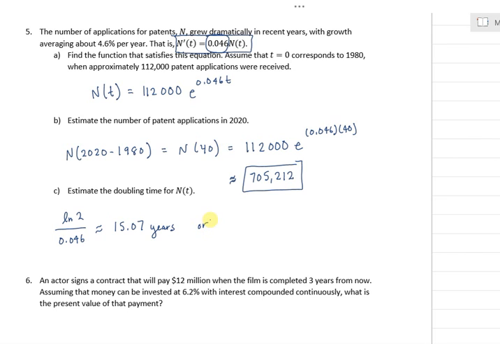Or I'm okay if you want to use the rule of 70. Then you do 70 divided by 4.6. That is 15.22 years. This one is more accurate, but I'm fine with either way you want to estimate it.